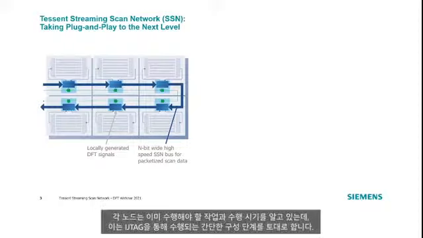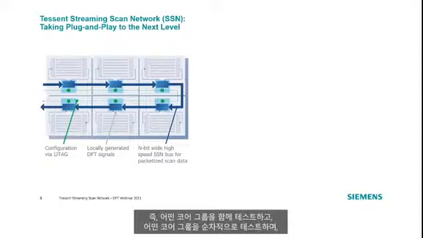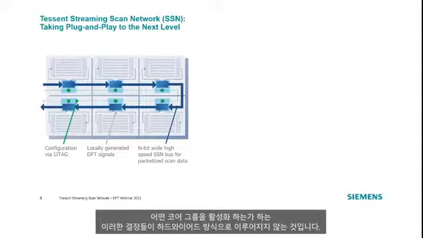Each node knows what to do and when to do it based on a simple configuration step that's done over IJTAG. This means that the groupings of which cores are tested together, which cores are tested sequentially, and which cores are active, these decisions are not hardwired.